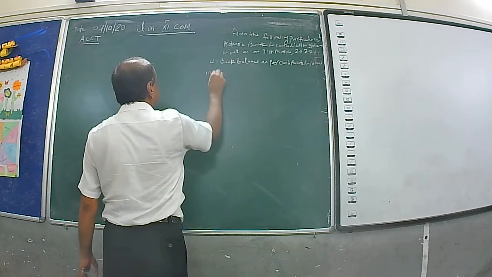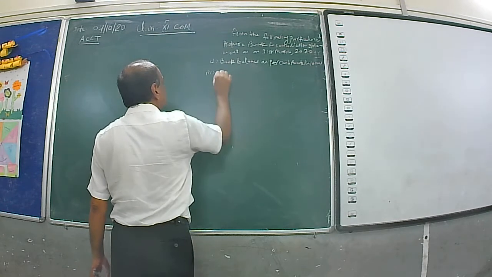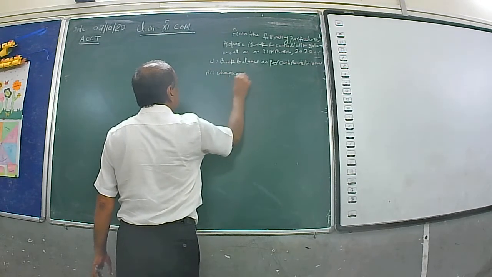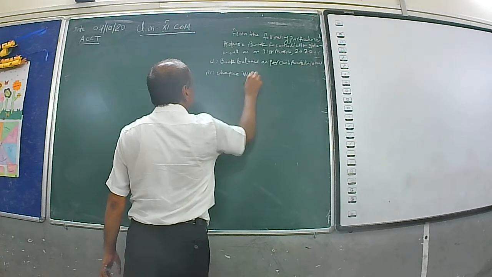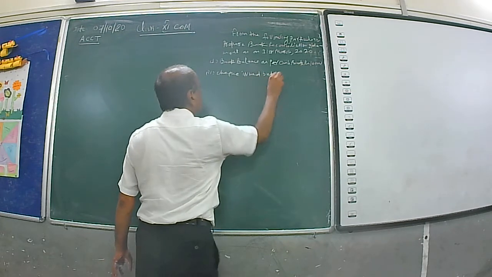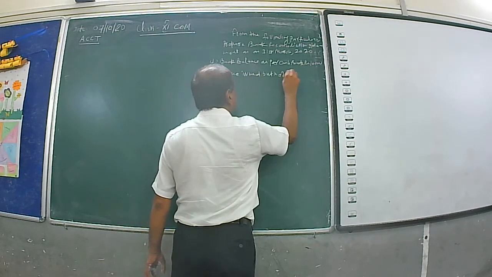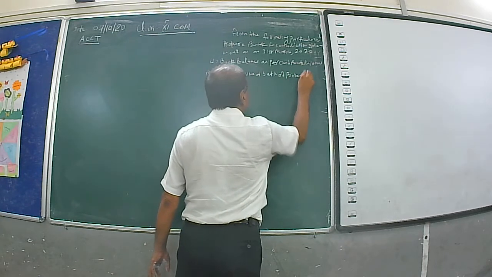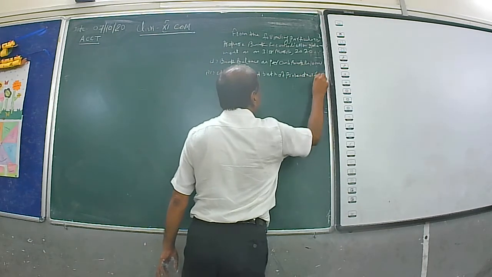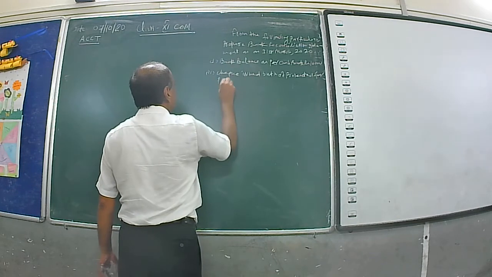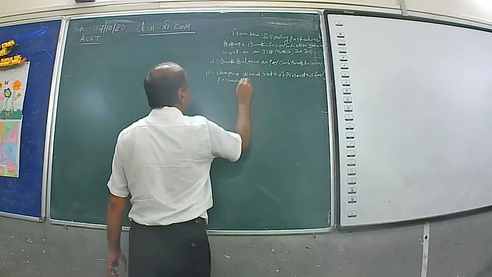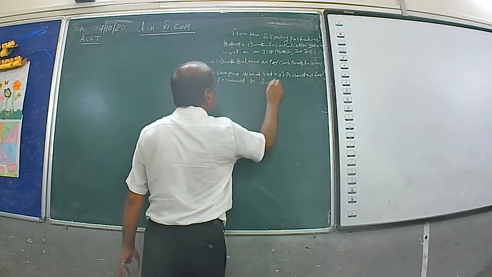Number 2, check issued but not presented for payment, rupees 2,000.